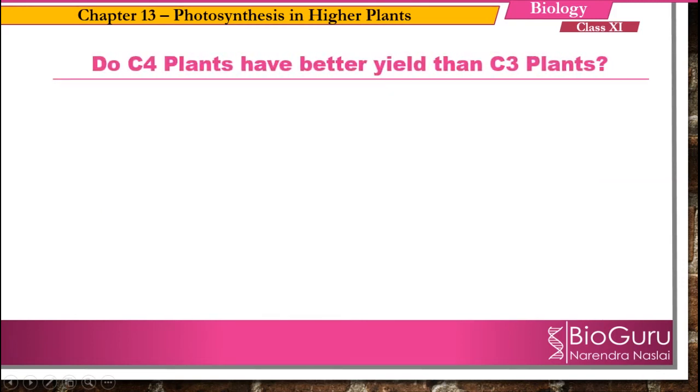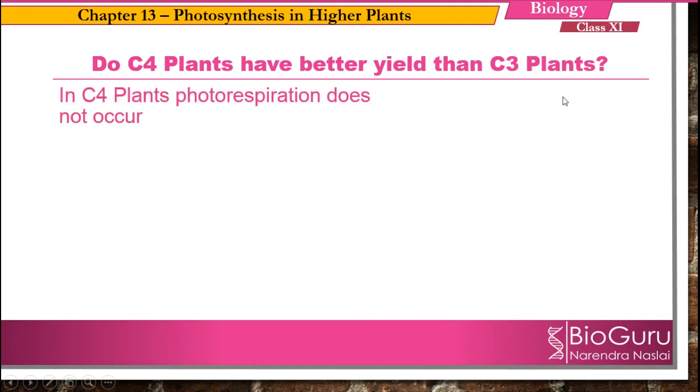Now the question is, do C4 plants have better yield than C3 plants? The answer is yes. Now what are those reasons? Let us see. In C4 plants, photorespiration does not occur. Photorespiration takes place only in C3 plants, whereas in C4 plants, photorespiration, which is considered a wasteful process, is absent.